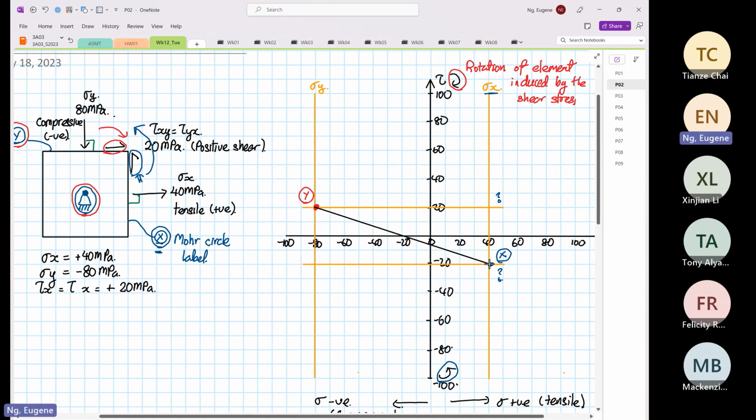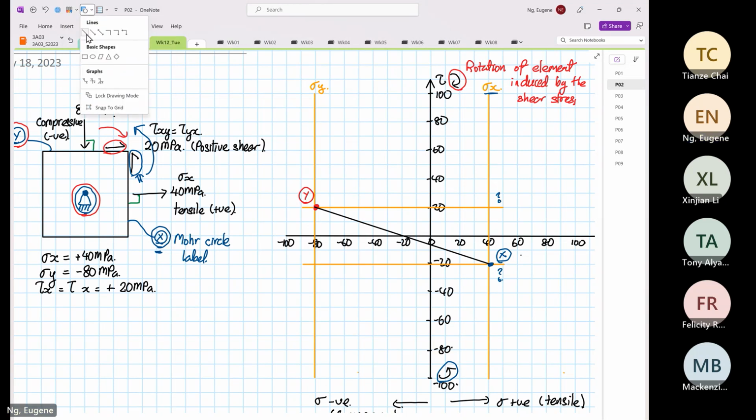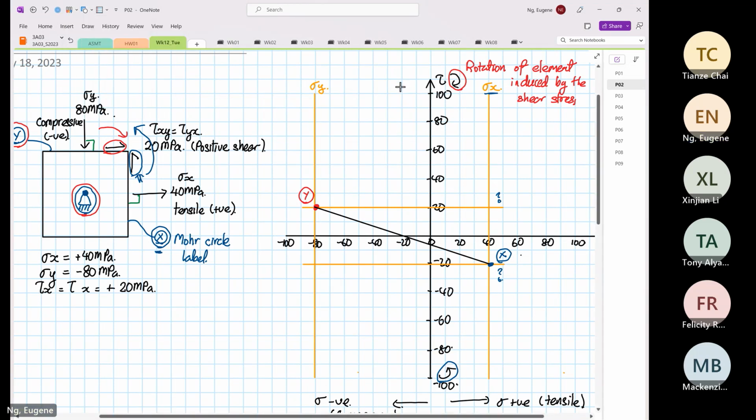From here, we can calculate our stress average. So this is our stress average now. And where it intersects the normal stress line, the shear stress is equal to 0.